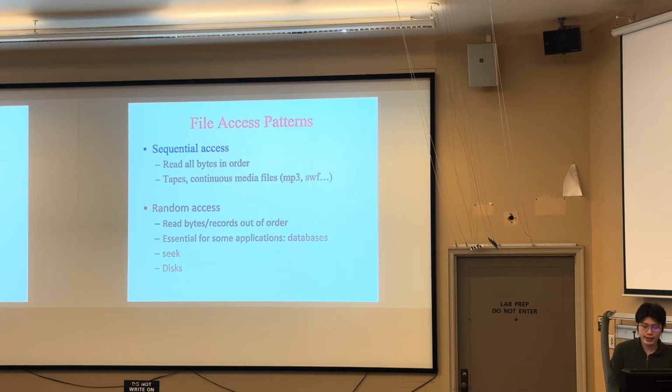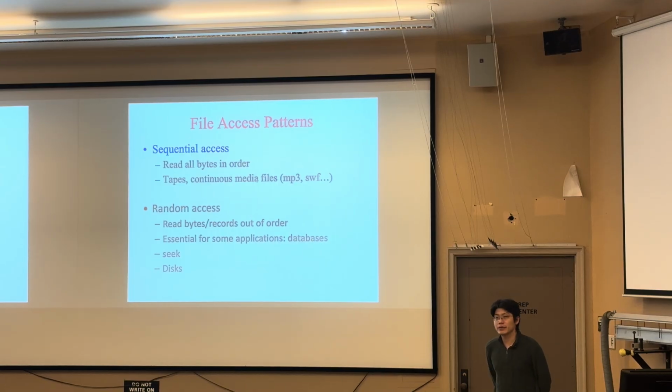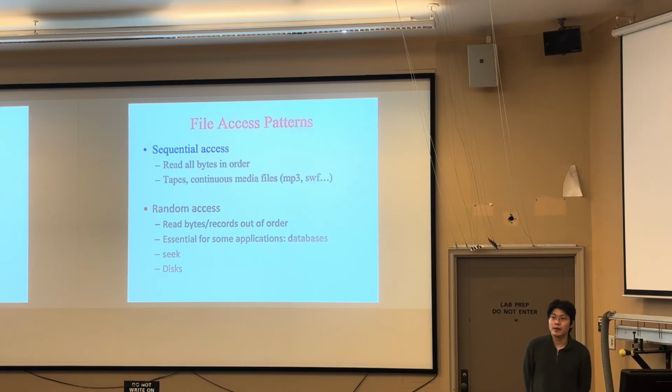Tapes and continuous media files work this way. When you are playing a video or a movie or music on your computer, this is the access pattern. You are sequentially accessing the music file or the movie file.